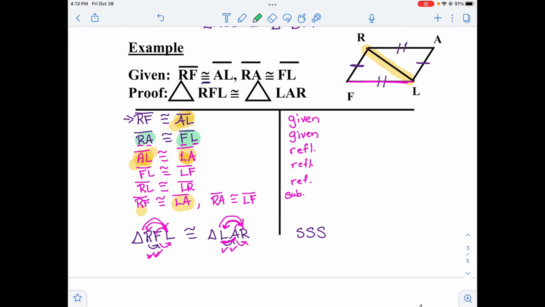FL, and we had RA, those were congruent, and we know that FL and LF are reflexive, and they can now show the same way and also by substitution. So now that we have that, now we have everything in the right order, and we can prove that yes, RFL is congruent to LAR triangle by side, side, side, and we are done with that proof.